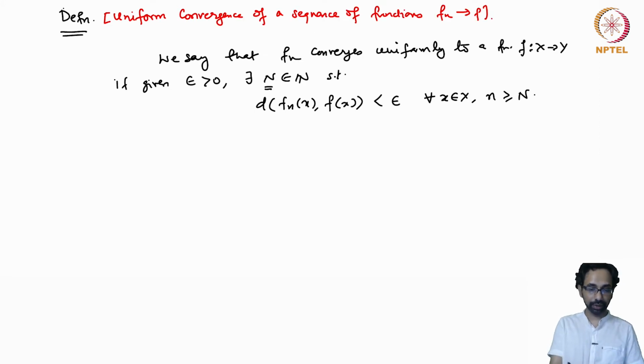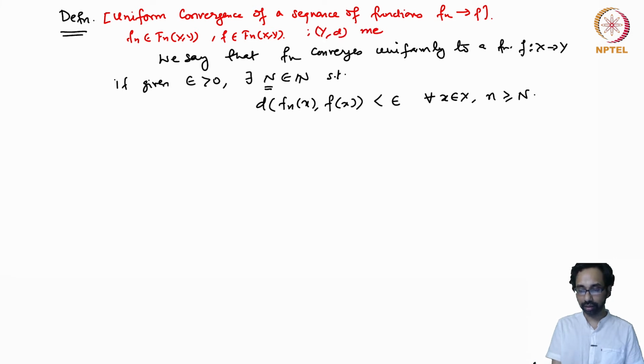So here is the definition of uniform convergence of a sequence of functions f_n. All these f_n's belong to F(X,Y), and so does f, and here of course Y is considered as a metric space. So this definition requires Y to be a metric space and uses the metric on Y.